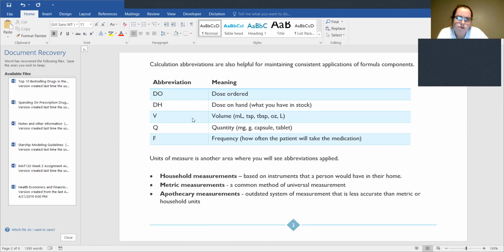V is something that is much more accessible as a volume. So it could be a number of milliliters, and if you just saw milliliter, you'd assume 1 milliliter. If it's a drug like amoxicillin suspension, once it's prepared, it has a concentration of 250 milligrams in 5 milliliters. So in that case, V would be 5 milliliters.